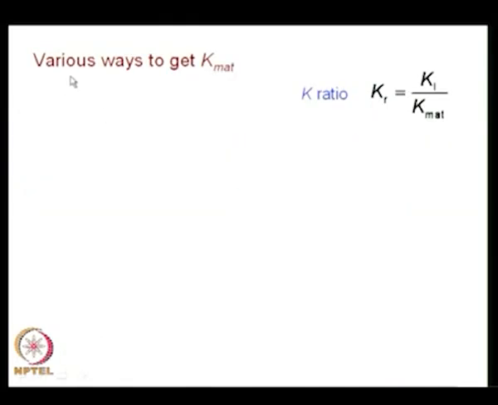There are many ways to get what is KR. KR is generally represented as K1 divided by K of material. We had seen earlier the denominator is K1C, that is only when you are applying concepts of LEFM.